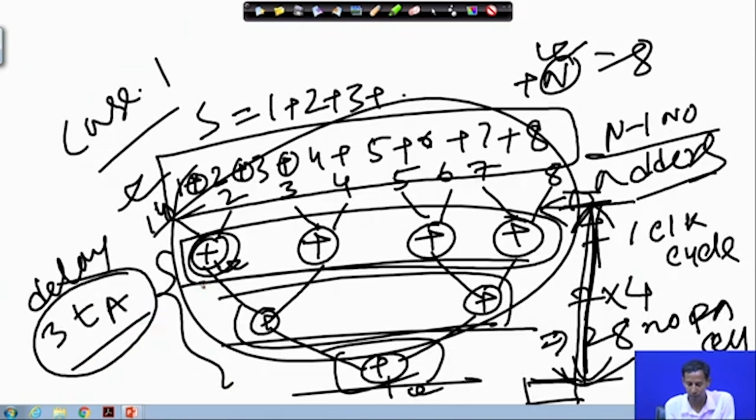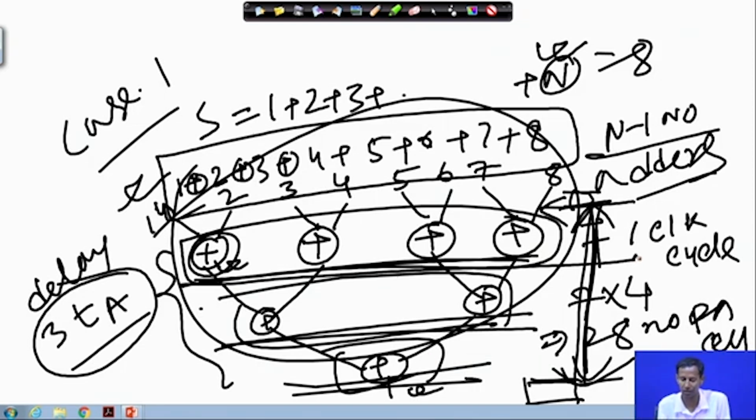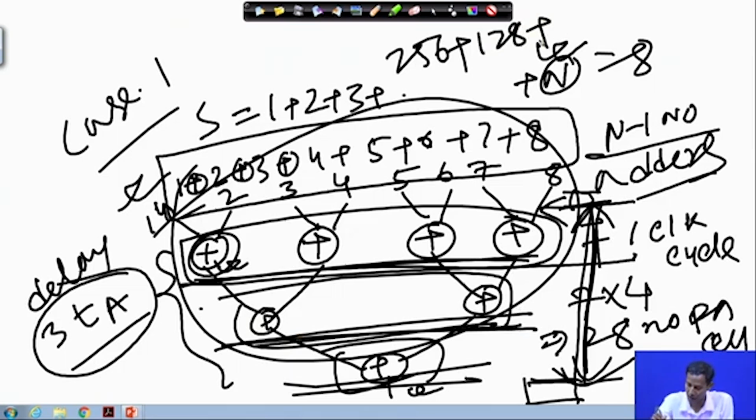At that time, designing this particular architecture will become too complex. At this stage I need 256 adders, then 128 adders, then 64 adders, then 32 adders, then 16 adders, something like this.